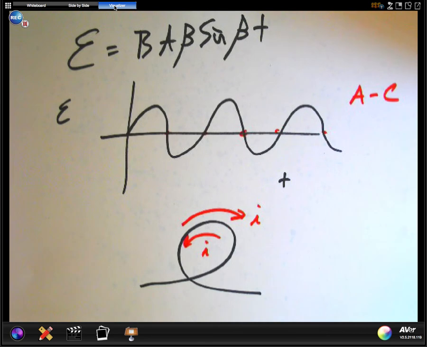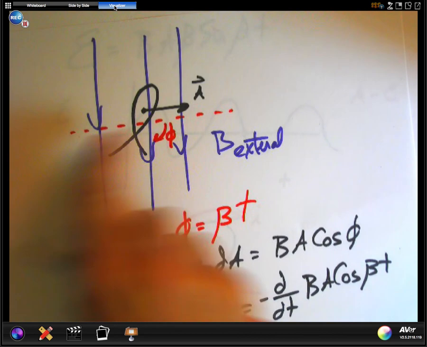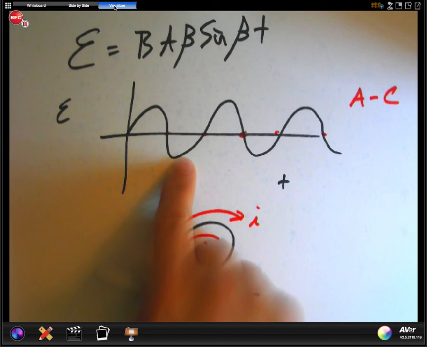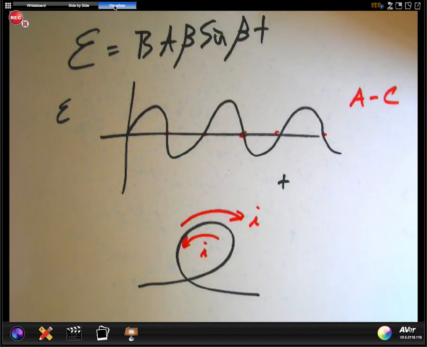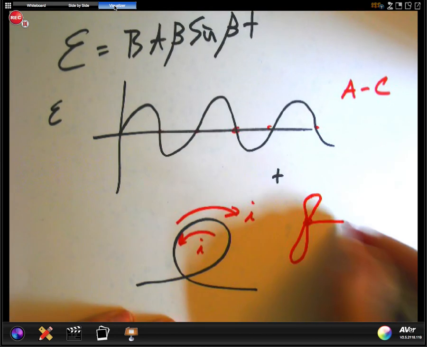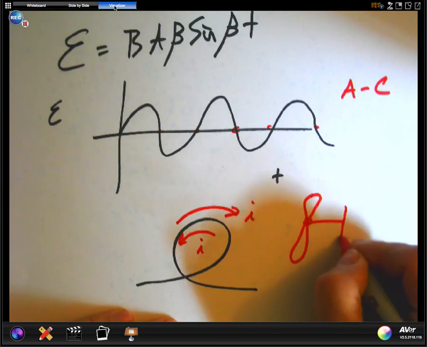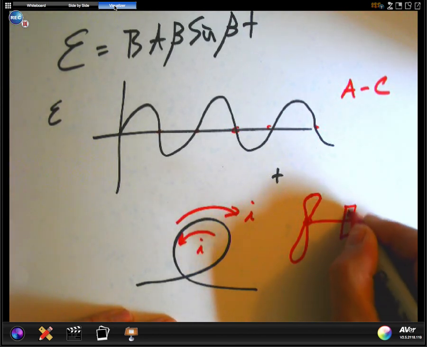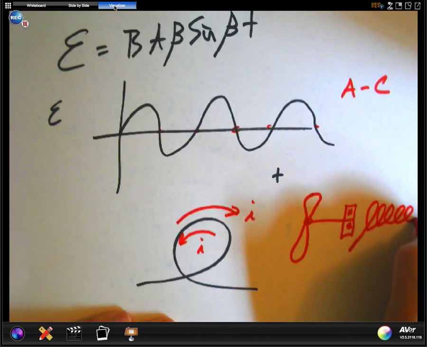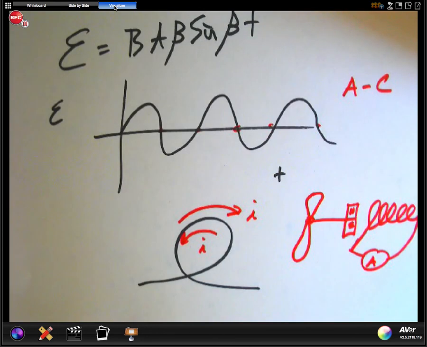So if we take a rotating magnetic field, and of course we could rotate the loop as well, either rotating the loop around or rotating the magnetic field around would produce this type of EMF. And if you think about it, that's what a generator does, right? If I've got, say, a little propeller here connected to, let's put a magnet on it, I guess, and then I've got a coil like that.